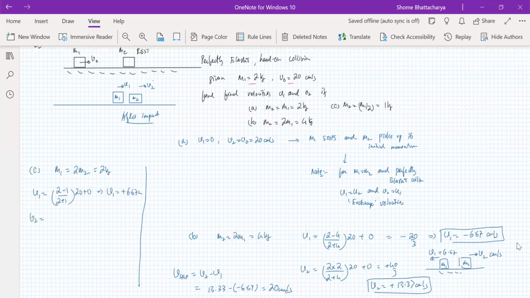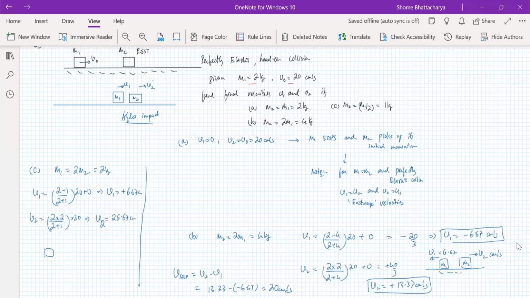And V2 will be 2m1 upon m1 plus m2, so 4 by 3 times 20, so 80 by 3. So this will be the case.